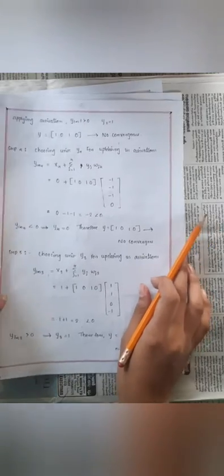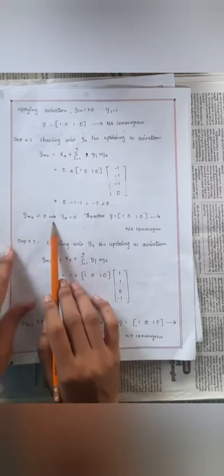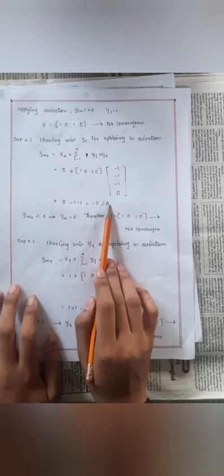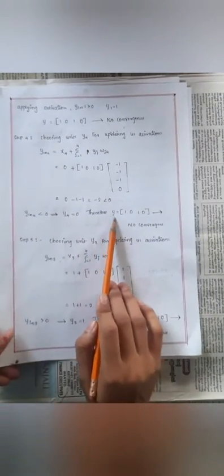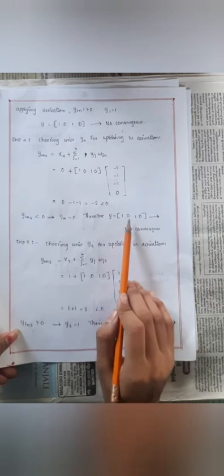Then when we calculate this, we get the value of y_in4 as minus 2. Minus 2 is less than 0. So what is the value when less than 0? If y_in is less than 0, the value of y is equal to 0. So we get y4 is equal to 0. Therefore the new matrix is y is equal to 1 0 1 0.